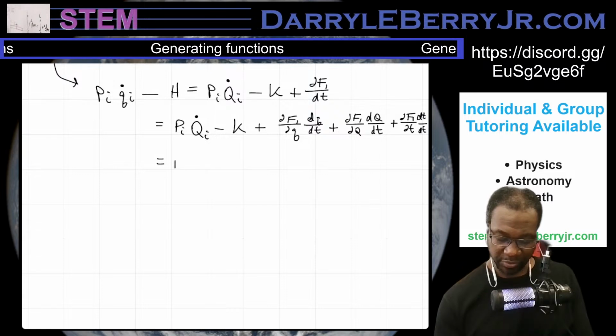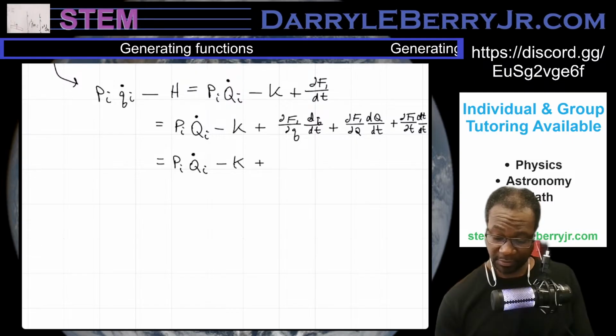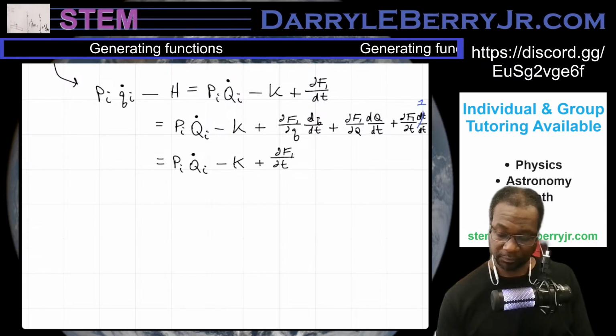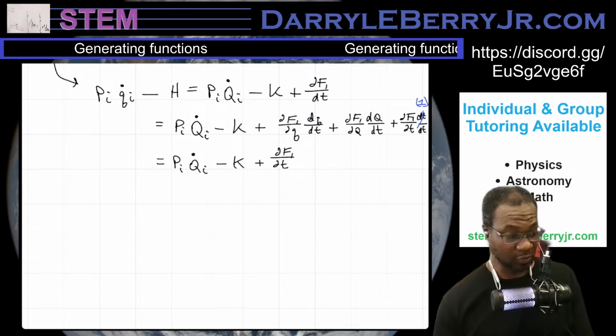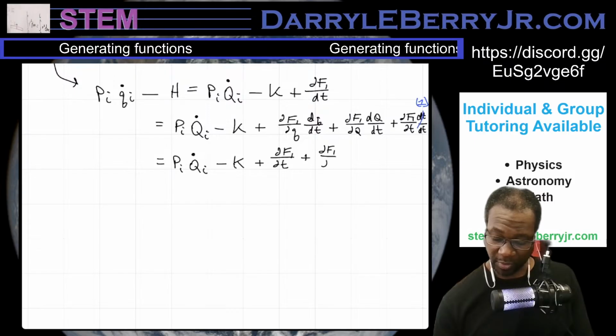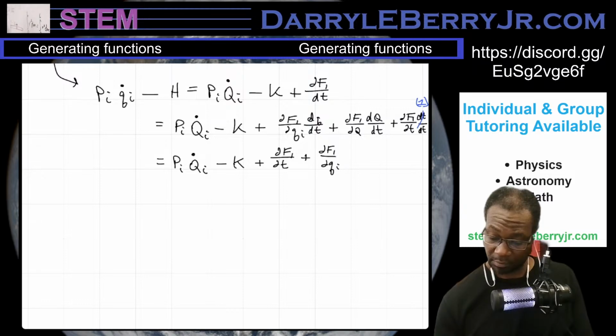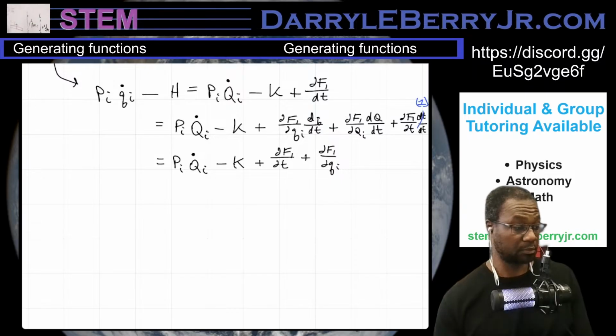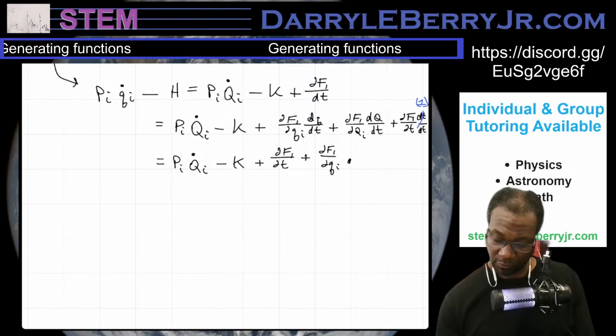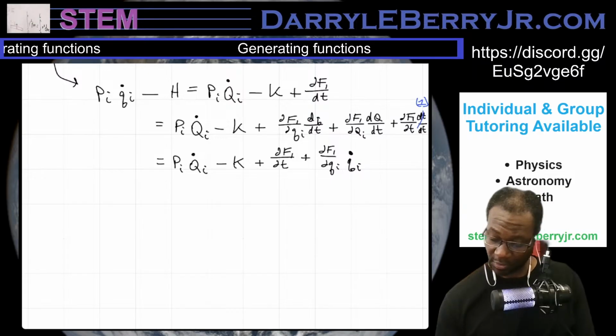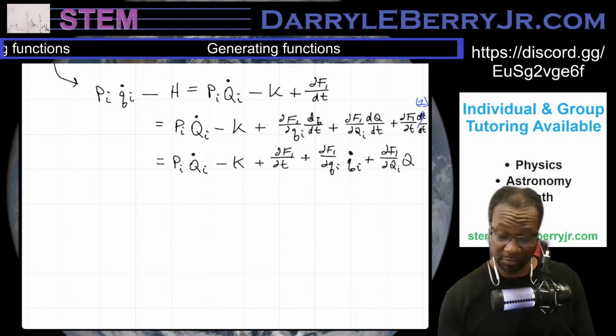So this becomes what the book has, which is p_i q_i dot minus K plus partial F1 over partial t, because this is just one, plus partial F1 over partial q_i, q_i dot, plus partial F1 over partial Q_i, and then we have Q_i dot.